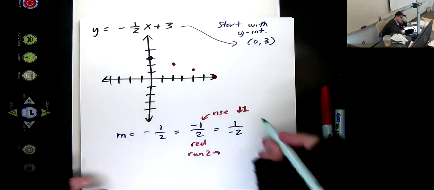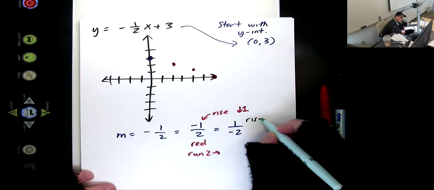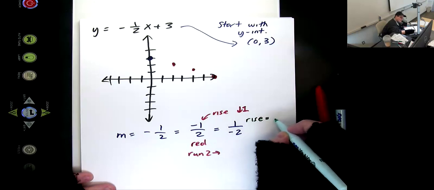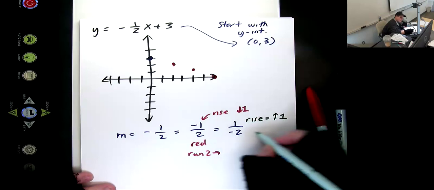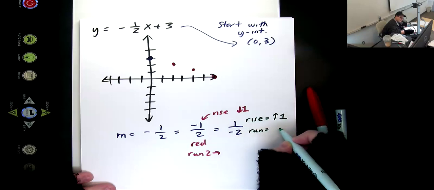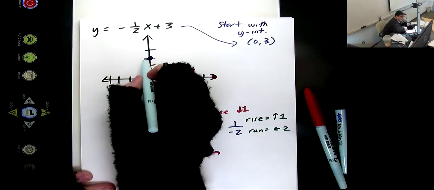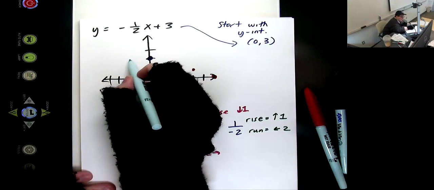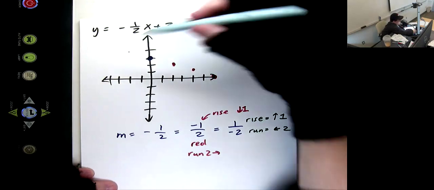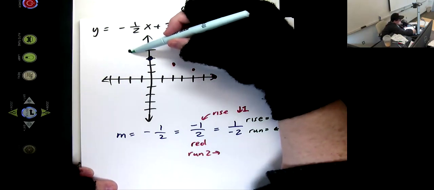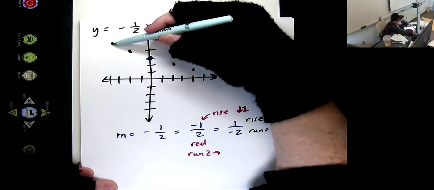My green points: the rise is the positive one, so it's up 1. But the run is negative, so it's left 2. So I will go left 2 and up 1. Left 2, up 1.